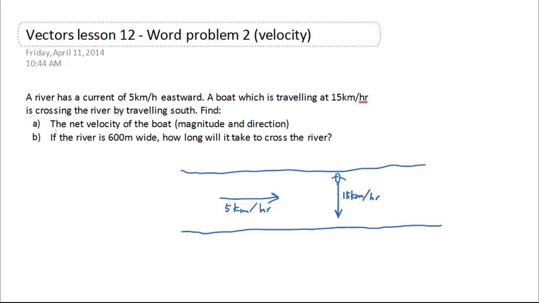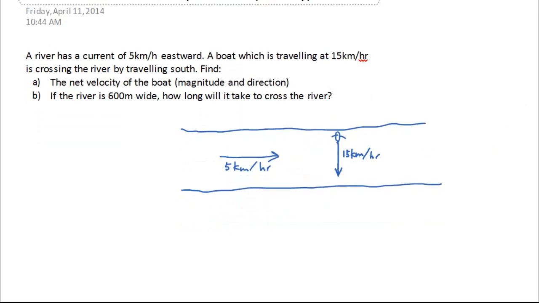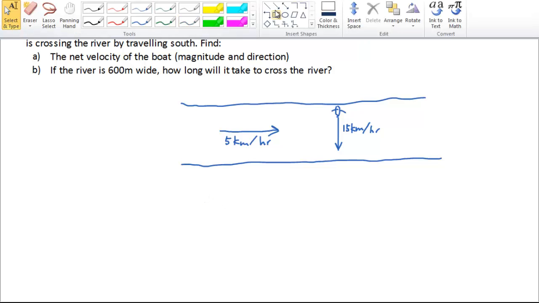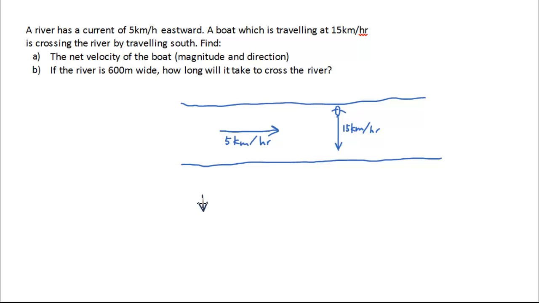Now we want the net velocity of the boat. So we're going to do it by drawing the resultant vector. We have a boat that is moving directly downwards at 15 kilometers per hour. So 15 is the magnitude and the direction is downwards.